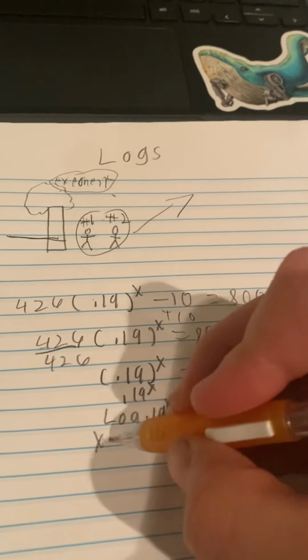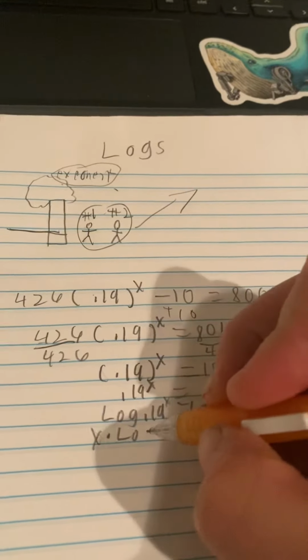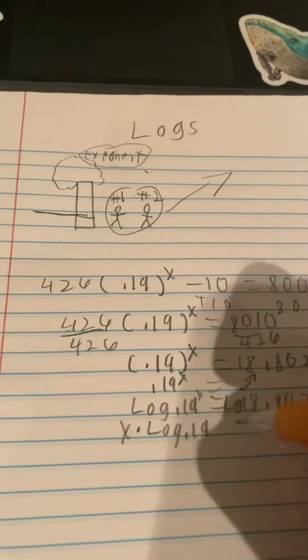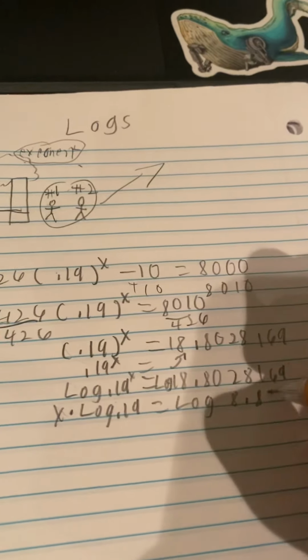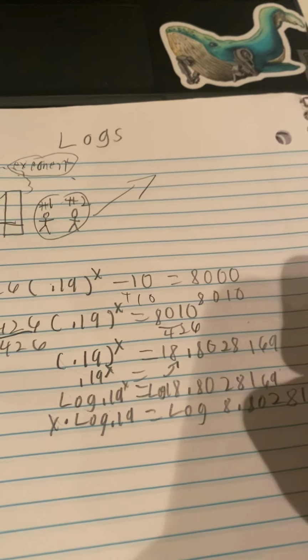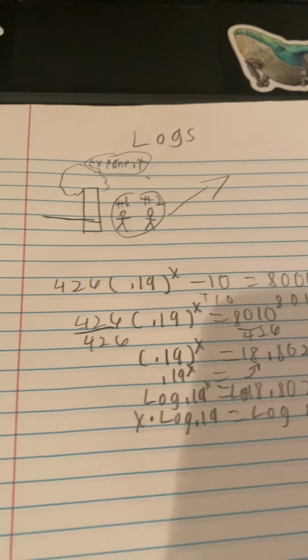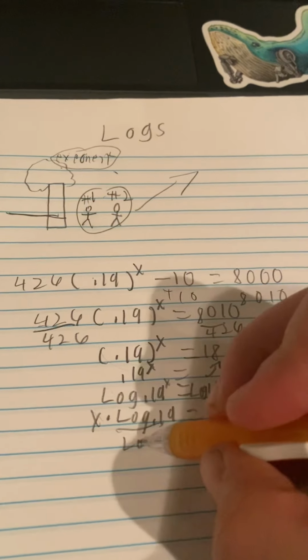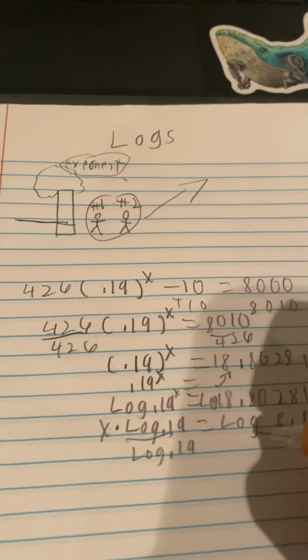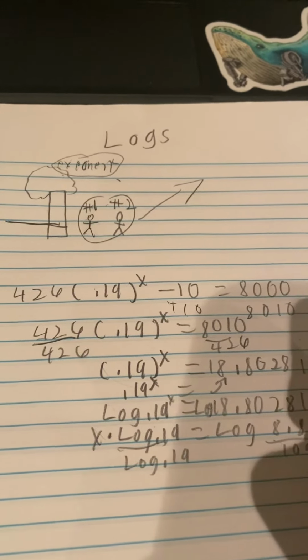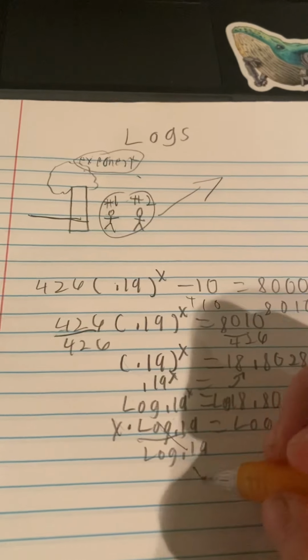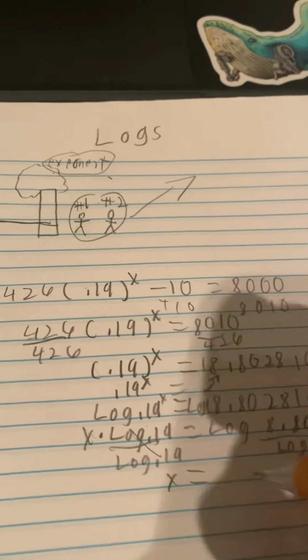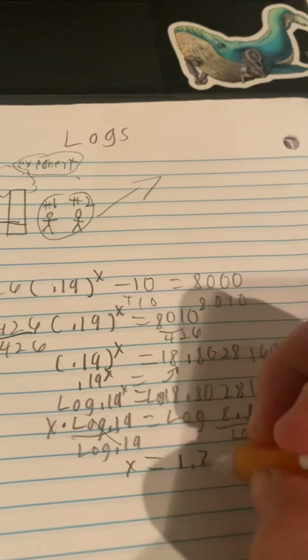It's x times log 0.19 equals the log of 18.8028169. Now we can divide by log 0.19 on both sides, and these will cancel out, and we can have x equals, and we'll get our final answer of 1.76.